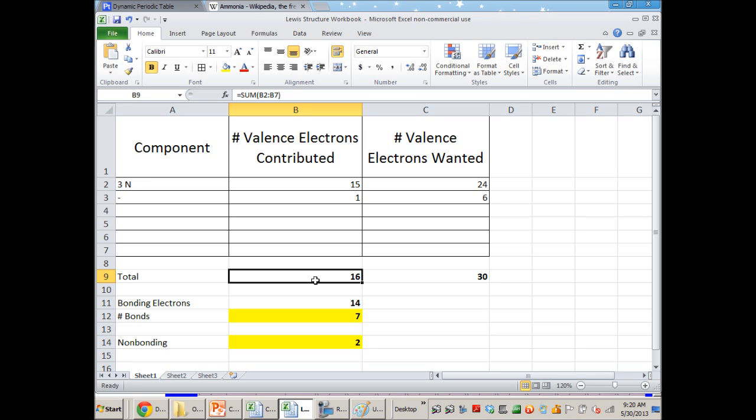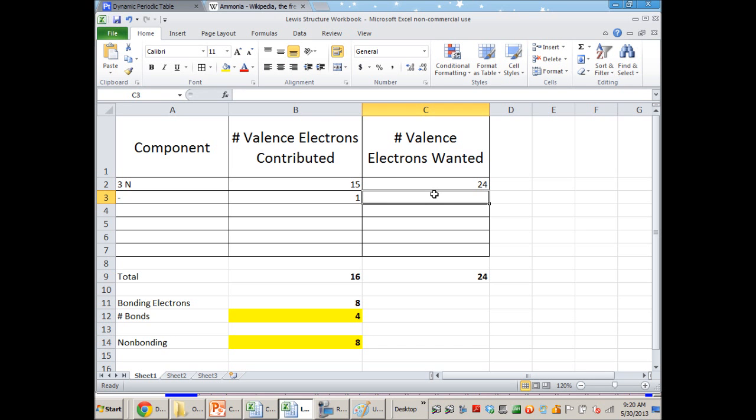But wait, there's more. So nitrogen's in that second row. It wants to have an octet, so it's going to have a capacity for, through sharing or other means, having as many as 8 electrons surrounding each nitrogen center. So that's going to be a total capacity of like 3 times 8. So each nitrogen wants to be surrounded by 8 electrons.